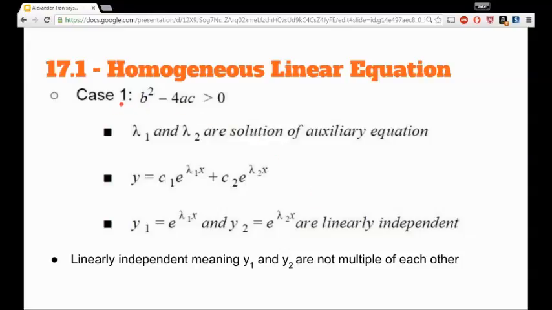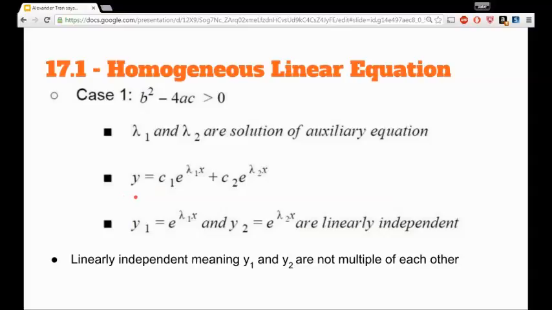This homogeneous linear equation has three forms, or three cases. The first case is where b squared minus 4ac is greater than 0, which means lambda 1 and lambda 2 are both real solutions of the auxiliary equation.